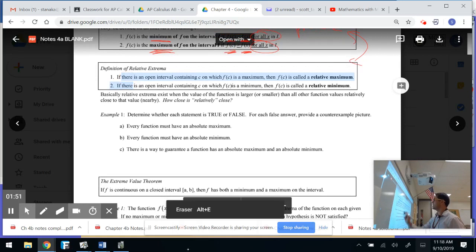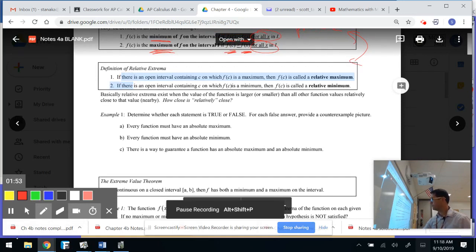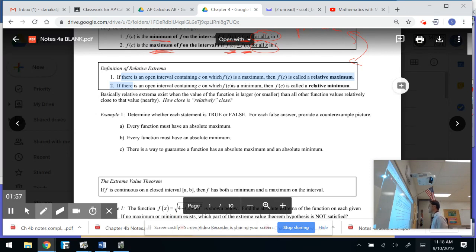Definition of a relative extrema. If there is an open interval containing c on which f of c is a maximum, then f of c is called a relative maximum. If there is an open interval containing c on which f of c is a minimum, then f of c is a relative minimum.